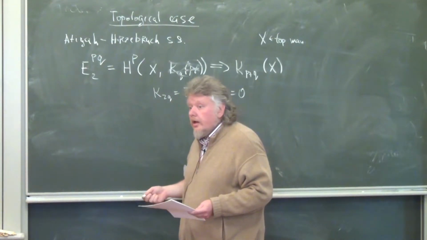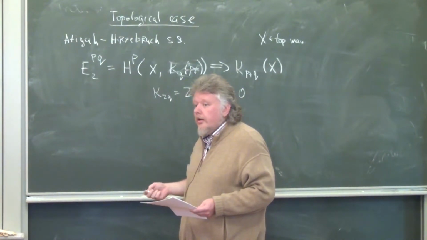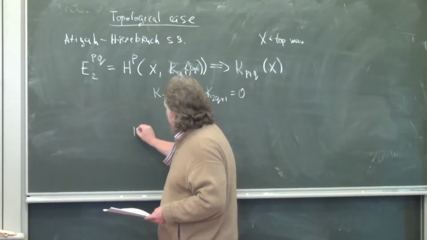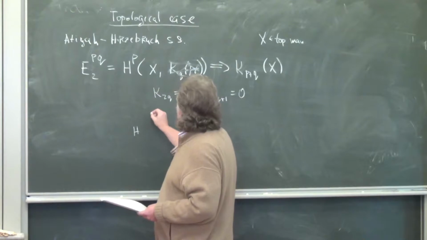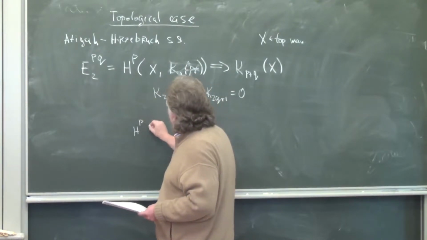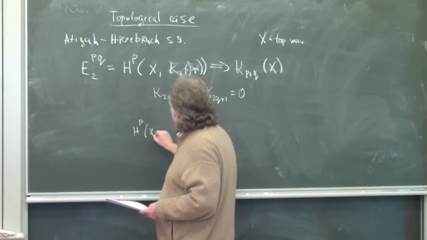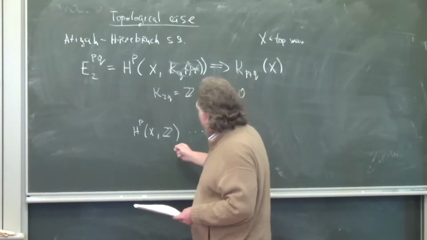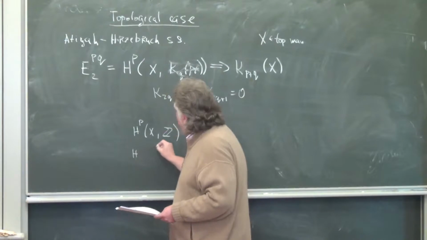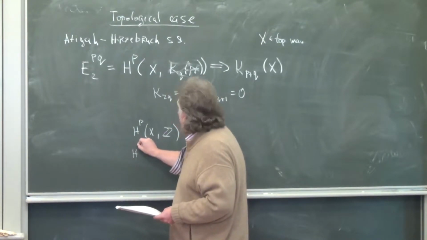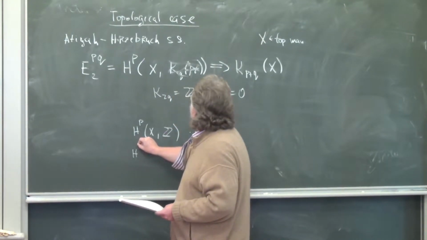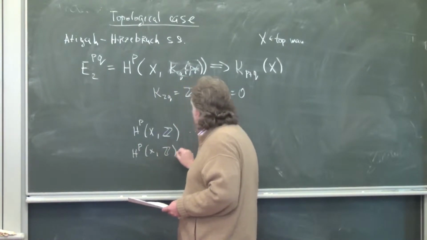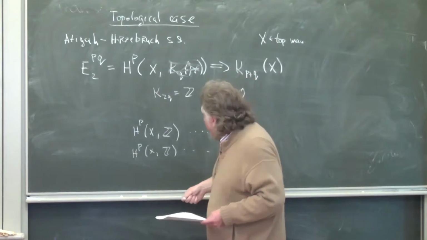Write down the second term of this new spectral sequence. It's H^p(X, Z). That's one row. The next row, H^p(X, Z), and so on.